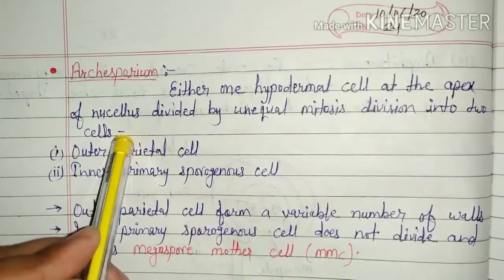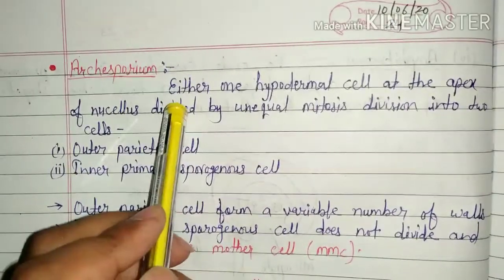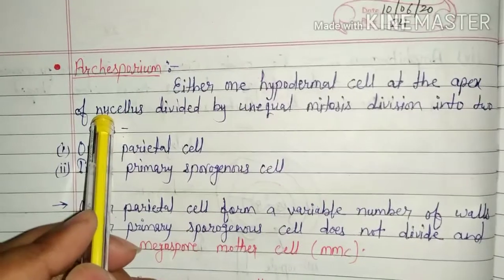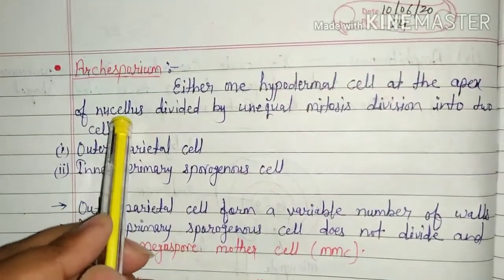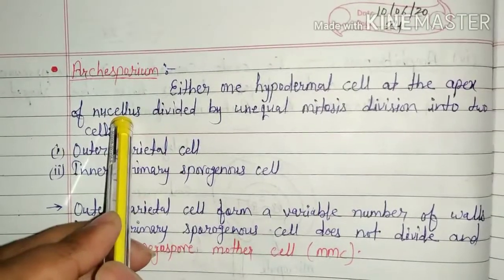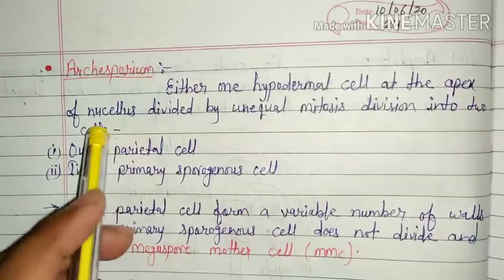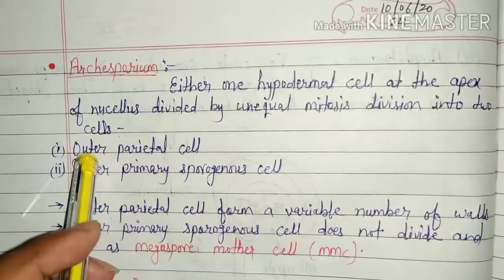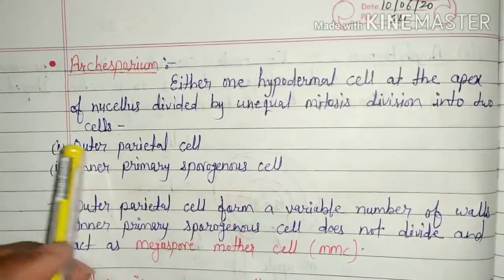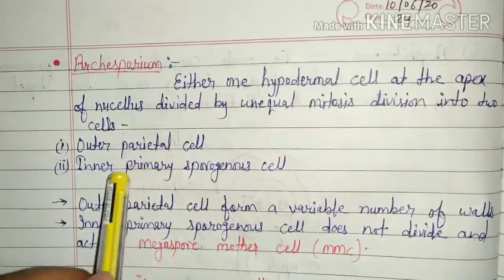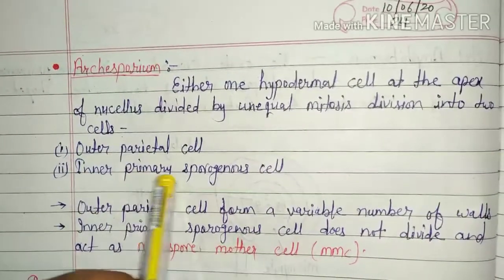It means the hypodermal cell of the nucellus, which is located towards the micropyle, divides by unequal mitotic division and forms two cells. First, the outer parietal cell, and second, the inner primary sporogenous cell.